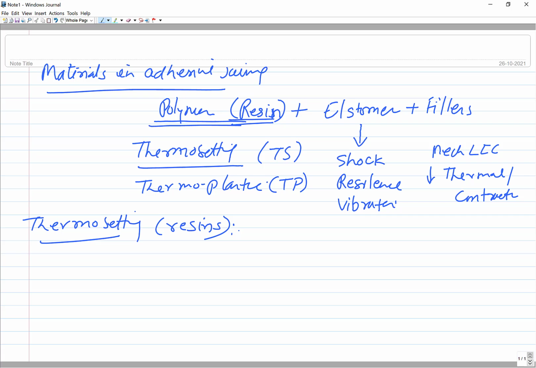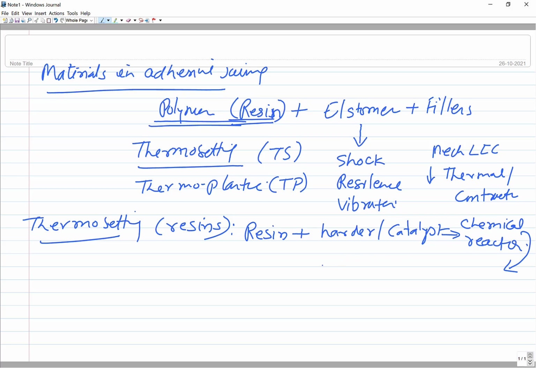Whenever these resins are added with either a hardener or some kind of catalyst, in the presence of the hardener and catalyst, these resins undergo some kind of chemical reaction, and as a result of these chemical reactions they get the desired strength and hardness, which you can say comes with the curing.